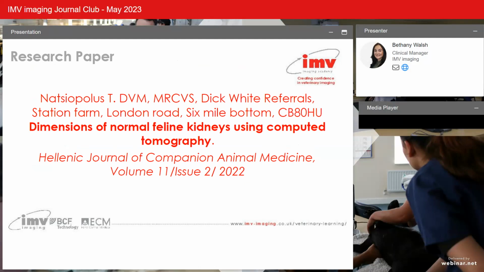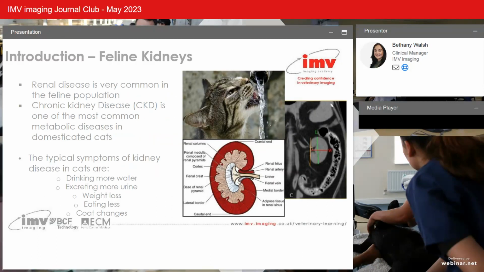So as I said, this month's paper is looking at the dimensions of the normal feline kidneys using computed tomography. Just as a brief introduction, the kidneys are responsible for several important processes within the body. Their main job is to filter out waste products from the bloodstream and help maintain electrolyte balance and produce hormones that control blood pressure and red cell production.